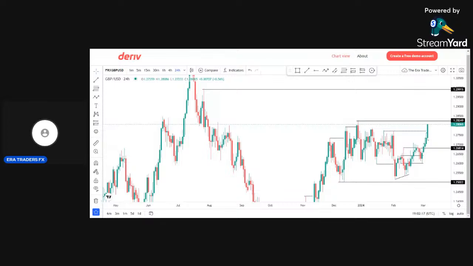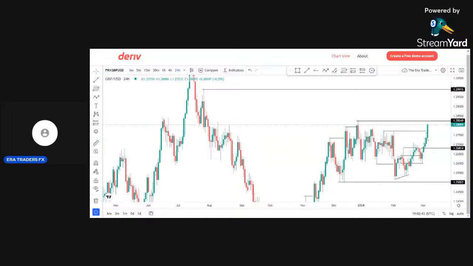For the internal range liquidity, we have the fair value gaps, mitigation block, breaker blocks, liquidity void. Take note of them. But in their order of importance, we have first the mitigation block.